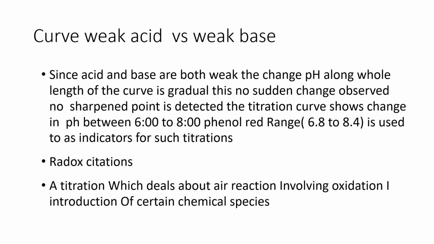Curve weak acid versus weak base. Since acid and base are both weak, the change in pH along the whole length of the curve is gradual. No sharp endpoint is detected.